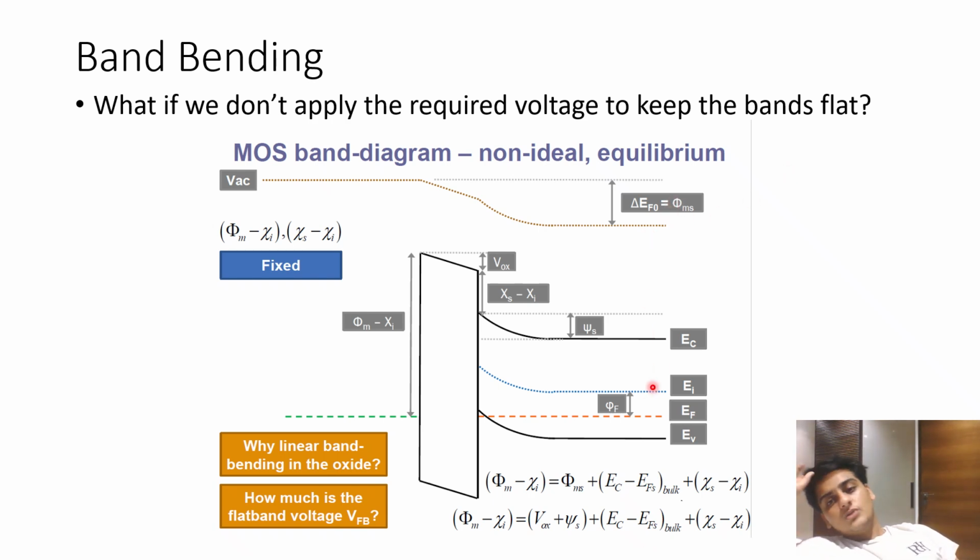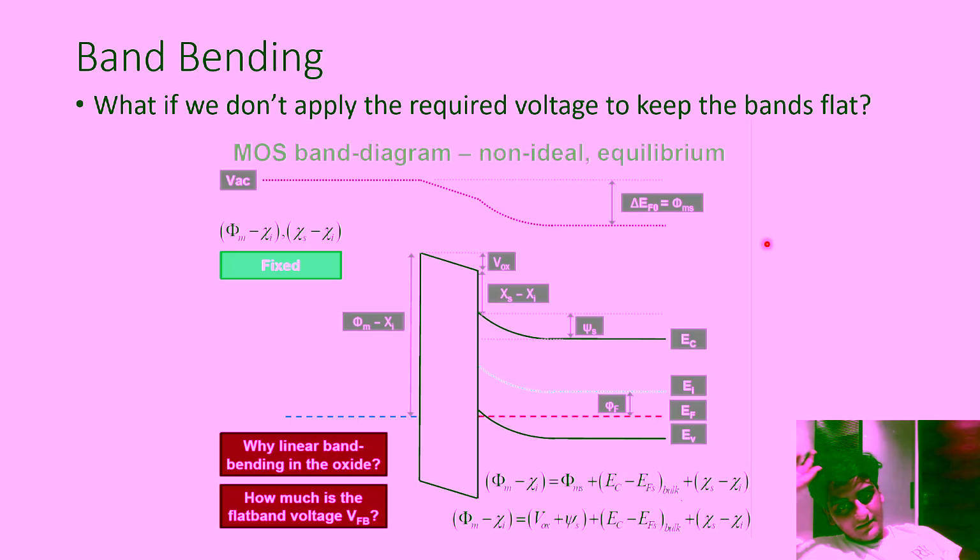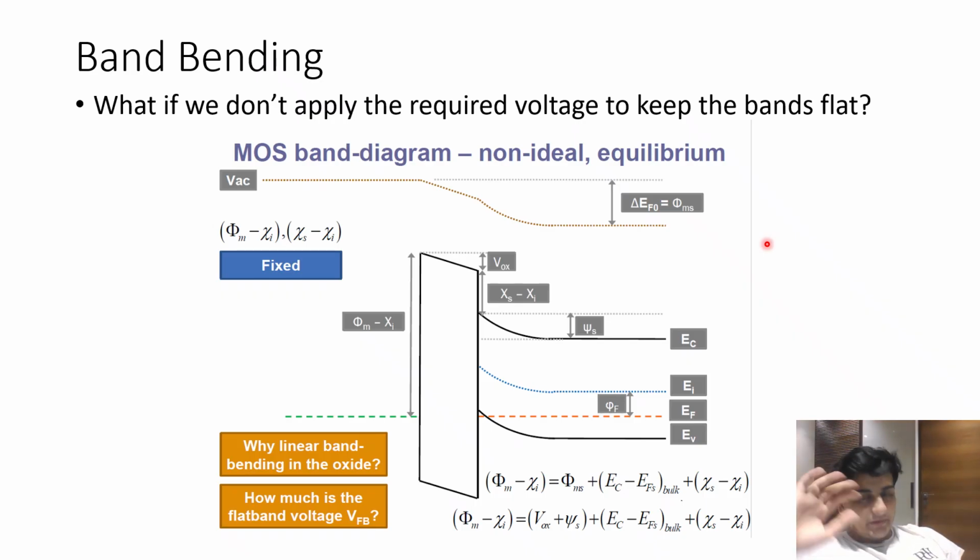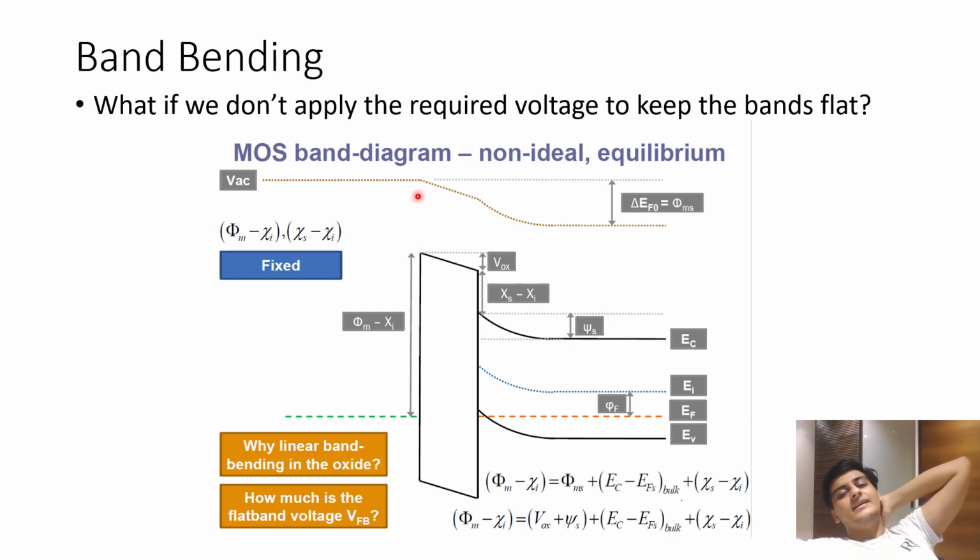Cool. So to keep a flat Fermi level, you needed to have a vacuum level that bent, and that caused these bands also to bend. Cool. So what we then want to answer is, why is this band bending linear in the oxide?